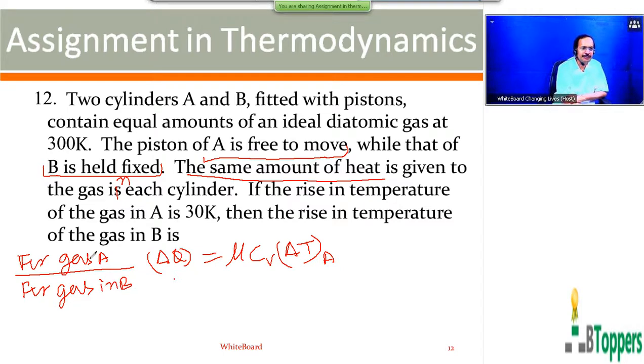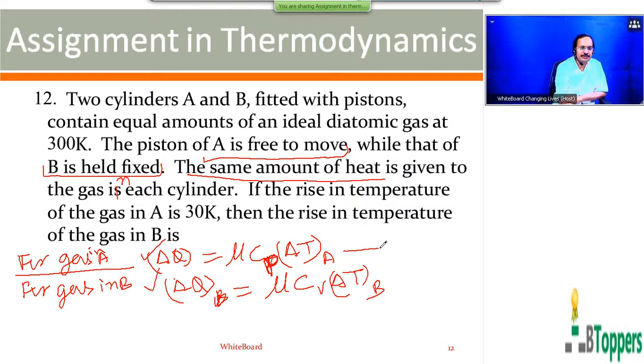For gas in cylinder A, pressure is constant, not volume, so heat energy absorbed can be written as nu Cp delta T for A. The heat energy absorbed by the gas in cylinder B, whose piston is held fixed, is nu Cv delta T for B. So delta Q is the same for the gas in each cylinder.